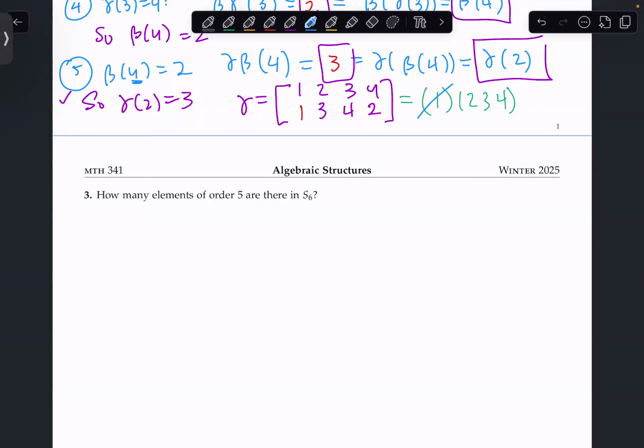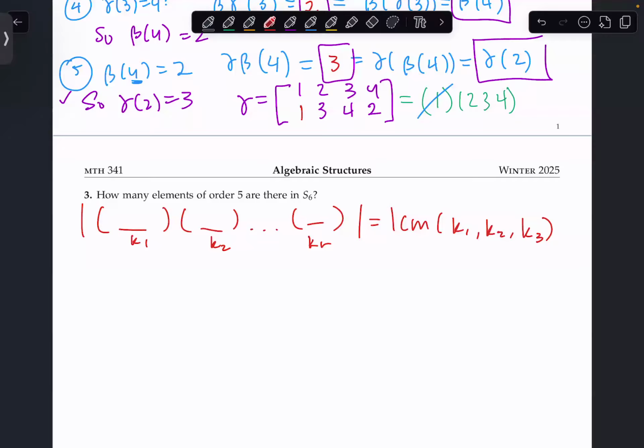Say it louder. Yep, so however I write these in disjoint form, I'll call this K1, K2, up to KR. The order of this element is going to be the LCM of those numbers. Yep, and can I get one more piece of information that we can get here in terms of these Ks?